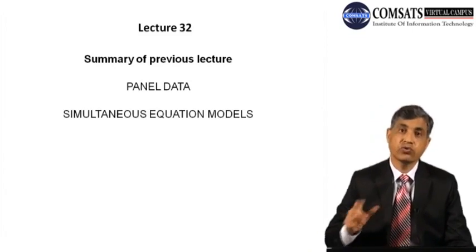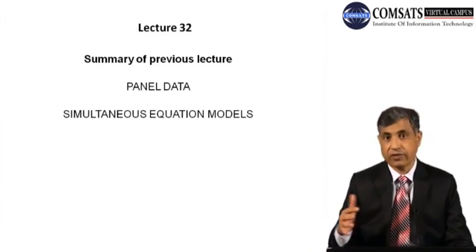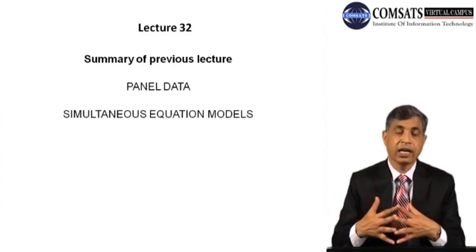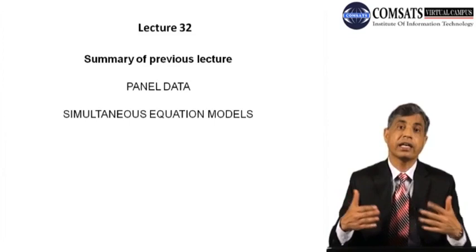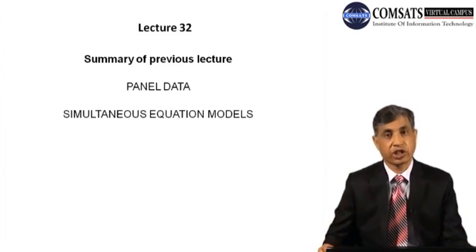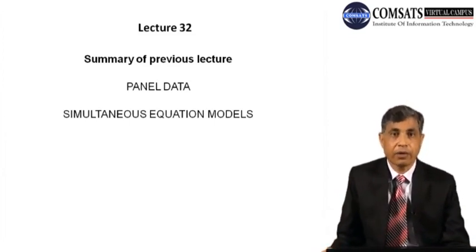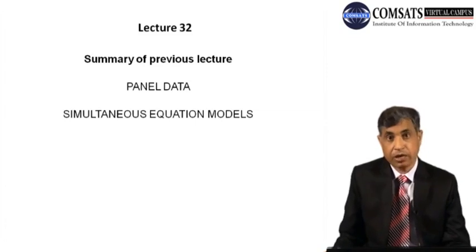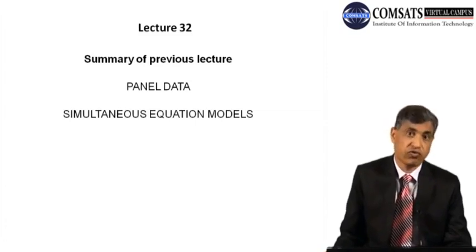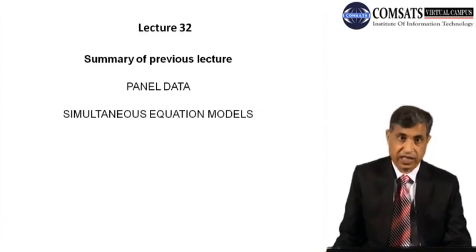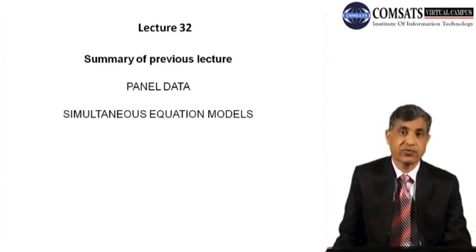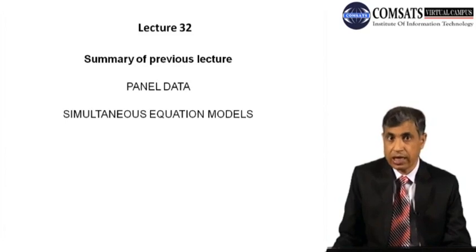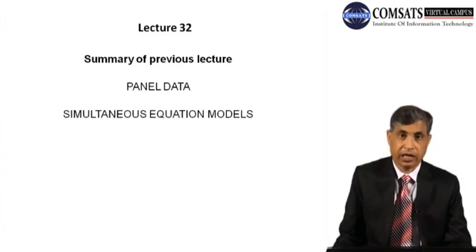This is very useful data, and one major advantage is that as you pool time series and cross-sectional data, the number of observations increases, the data becomes large, and this is very useful for the reliability of the results. In panel data, we talked about two major techniques. First was the fixed effect model, and the other was the random effect model.